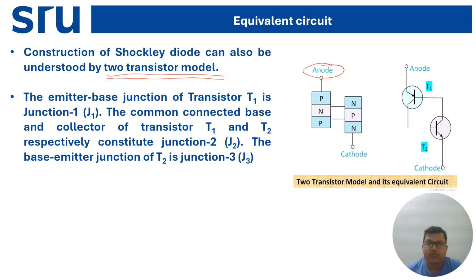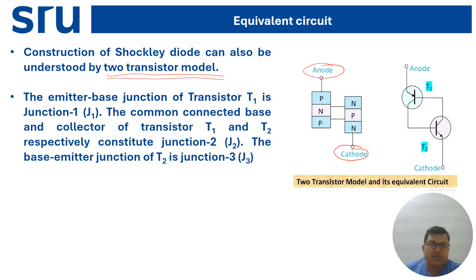Here you can see this is PNP and this is NPN, two opposite types of transistor, basically BJTs, bipolar junction transistors. And here we'll try to understand how it is similar.